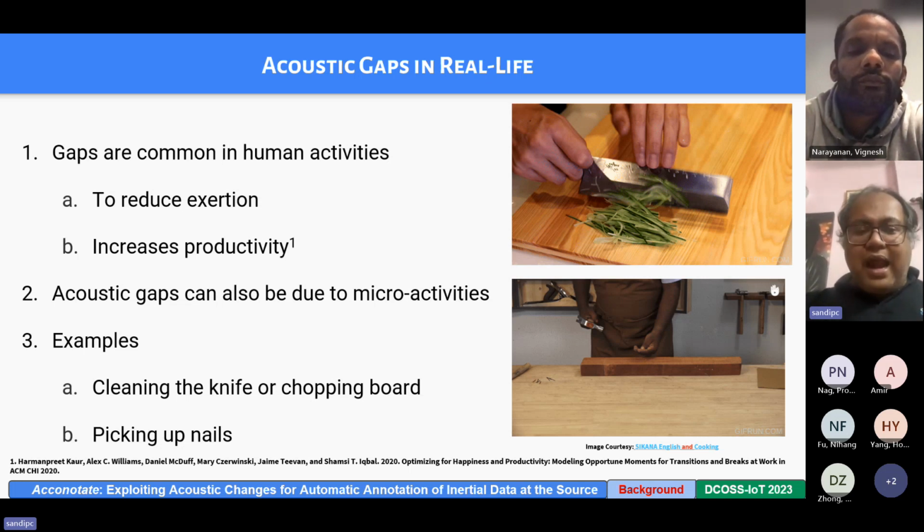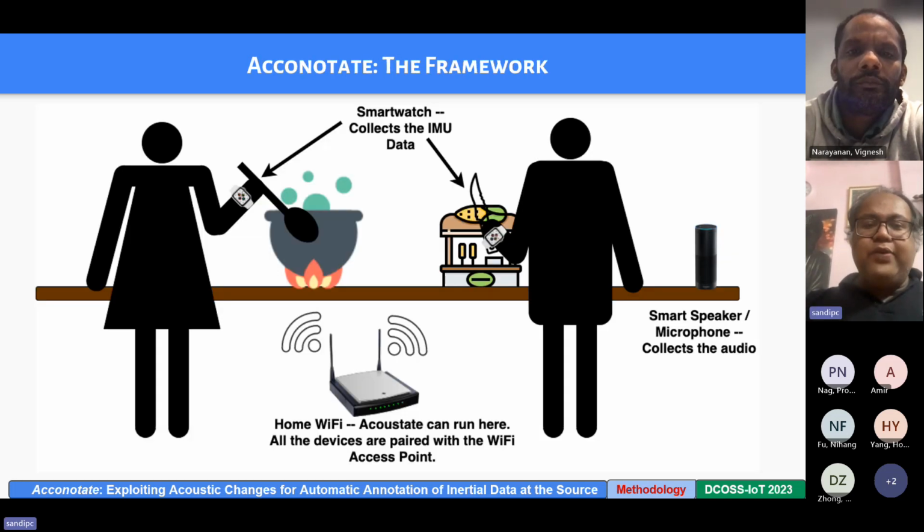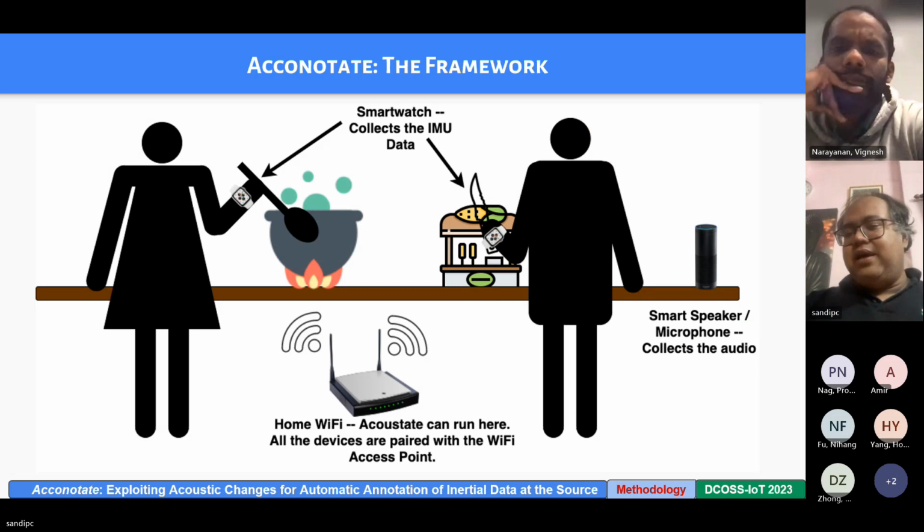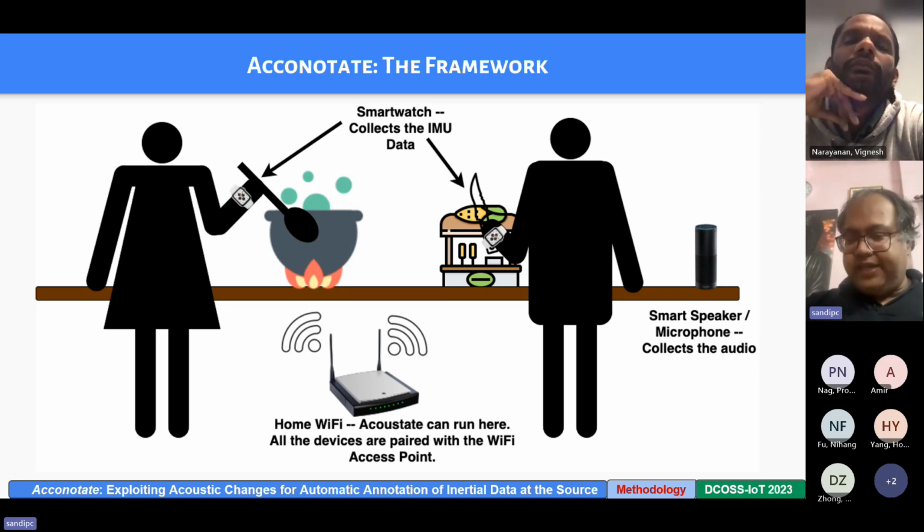In any kind of human activity, if you observe closely, you will see this kind of periodic acoustic gap that comes naturally. So we take help of this acoustic gap to develop a framework for automated data annotation, which we call annotated. The environment setup is similar to earlier. The only difference is that now there are multiple different users performing multiple different activities.